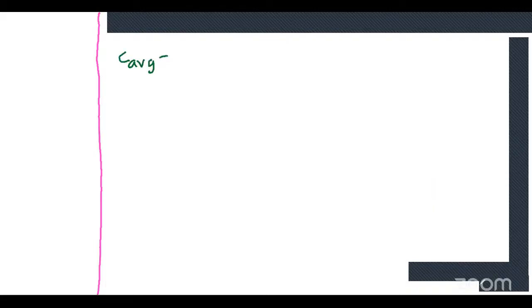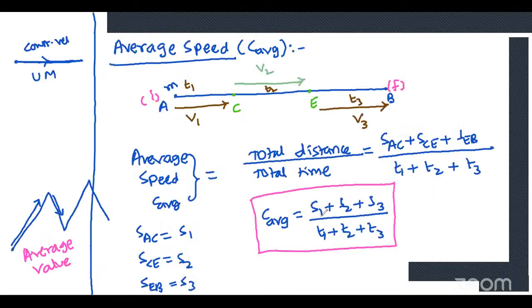Suppose in the entire interval I know only speed and time, then the distance I can replace as V1 T1, since distance equals speed into time.